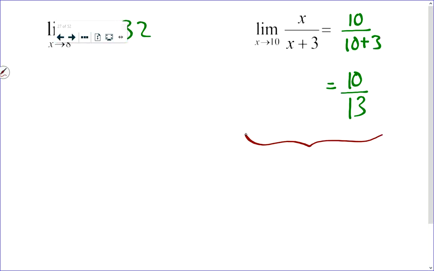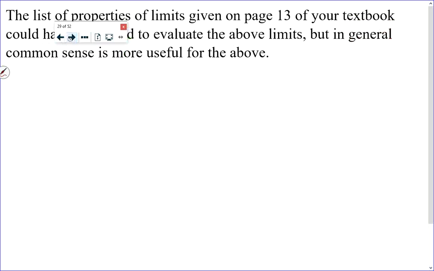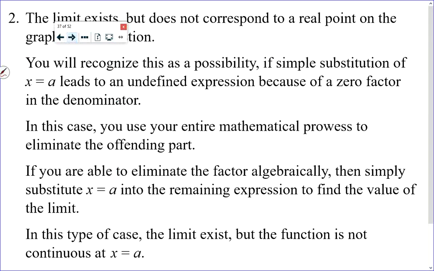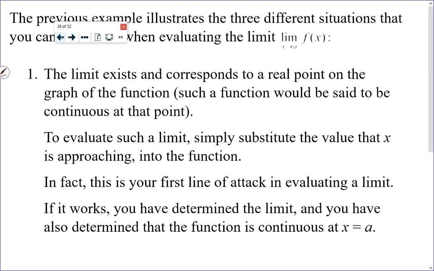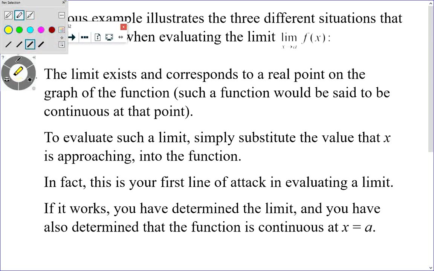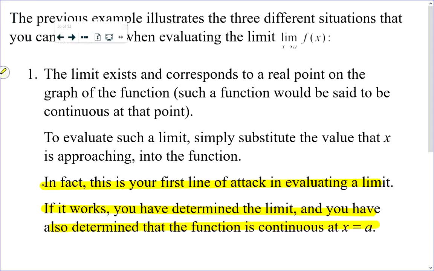That's the first case. And in fact, as I say to you in your notes here, that's your first line of attack. Your first line of attack in evaluating a limit is to put in that number that x is approaching, and what you get is the limit.